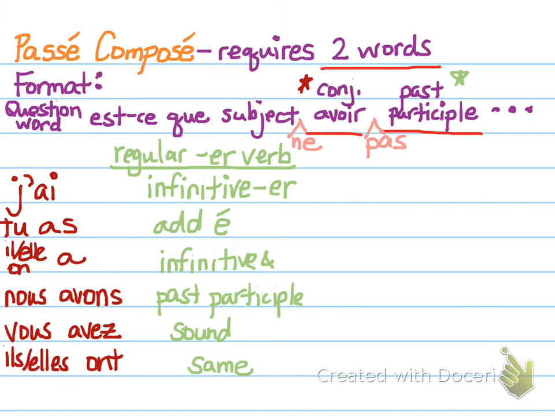Okay? Today, we're continuing to learn about the passé composé. So remember, there were three categories of regular verbs. So we're going to talk about another one of those categories. Another one of our past participles could be when we have a regular IR verb. For a regular IR verb, we're still going to start with our infinitive.